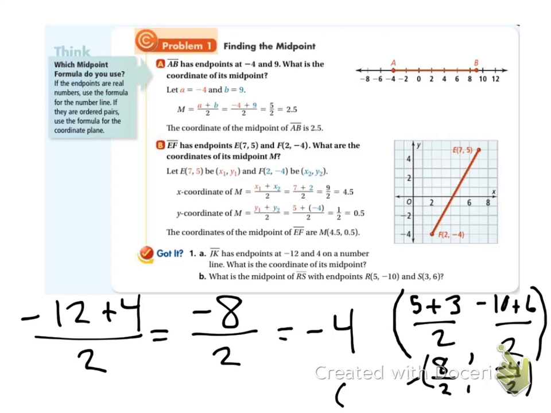So my final ordered pair, 8 divided by 2 is 4. -4 divided by 2 is -2. So my midpoint is 4, -2.